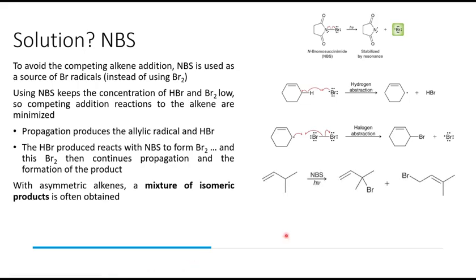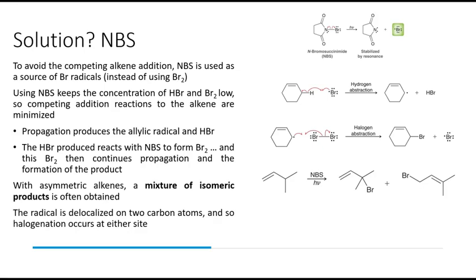So note, we would get a mixture of products here with this asymmetric alkene. In the presence of NBS and light, we end up with different halogenated products. The radical is delocalized on two carbon atoms, so halogenation occurs on either site.